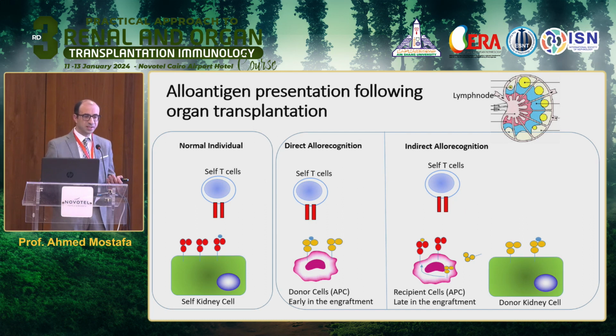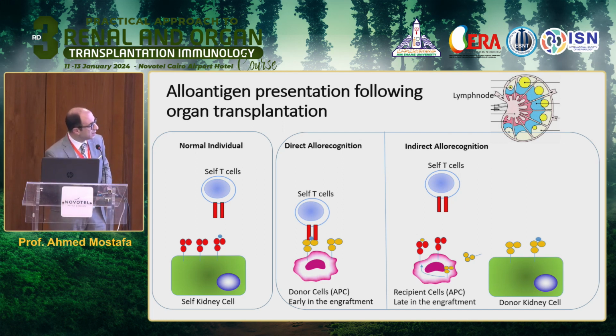Once the kidney is flushed with the recipient's blood, some of these donor cells, probably lymphocytes, escape, and they have the foreign HLA. When the T cells see them, they will stick to them and not leave them, because now the T cell recognizes that this is a foreign antigen.